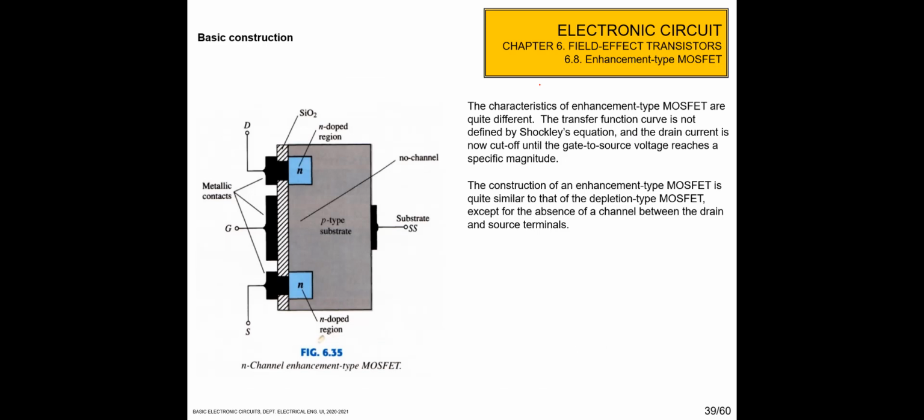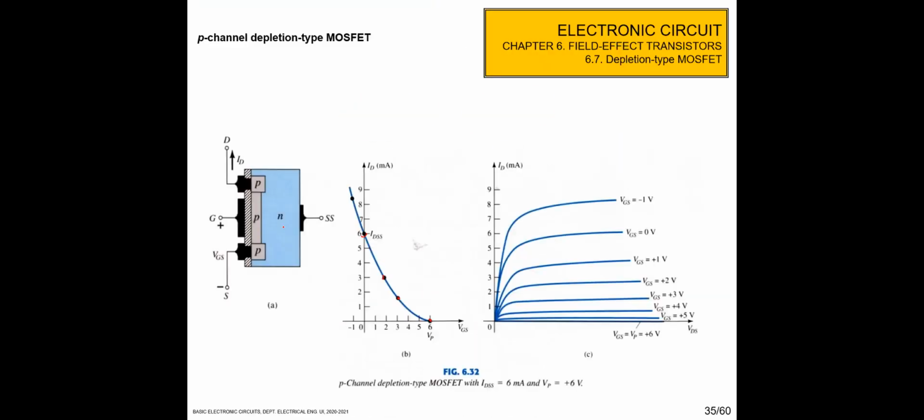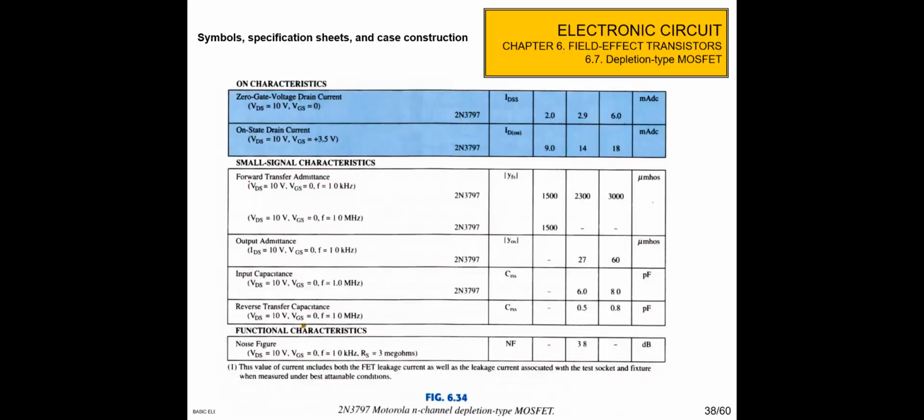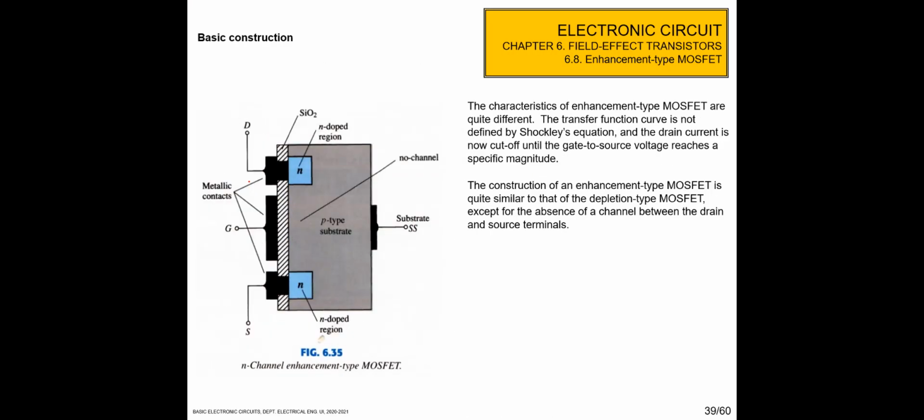And then after depletion mode, this is the enhancement type of MOSFET. The difference is that in the enhancement type, we don't have the channel under the gate. If you look at the depletion type, this is the channel here. And in enhancement mode, there is no channel here.